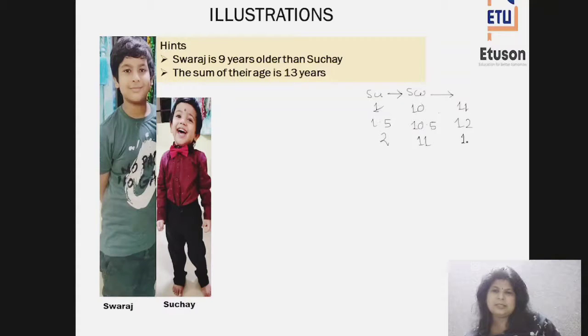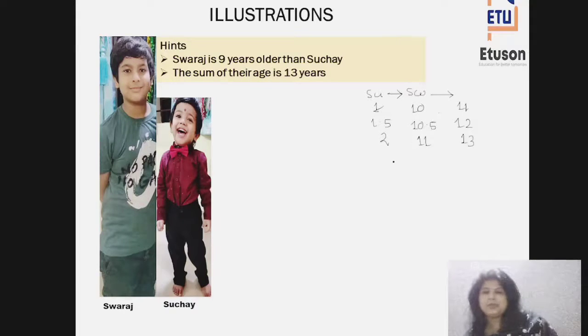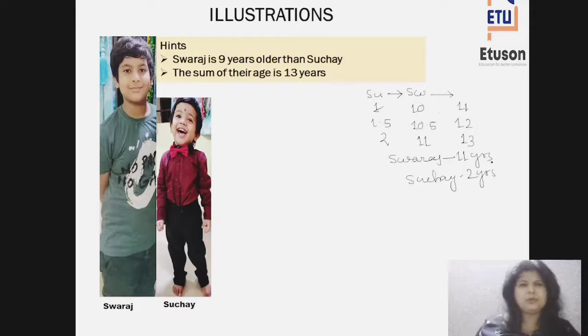Now the sum is 13 years. Now the second hint is satisfied. So now you can tell that Swaraj is 11 years old and Suchay is 2 years old.